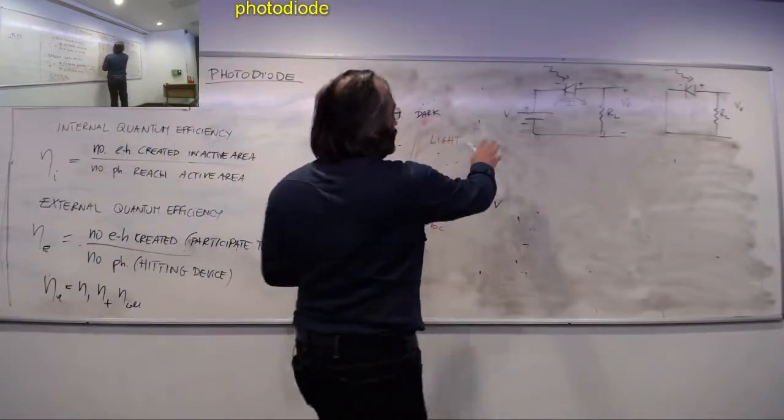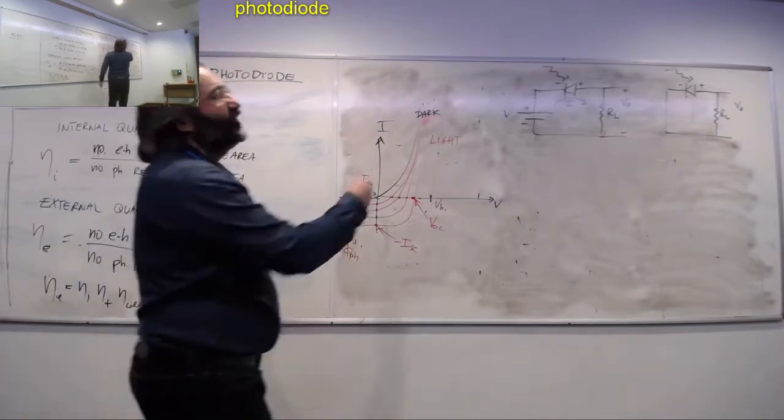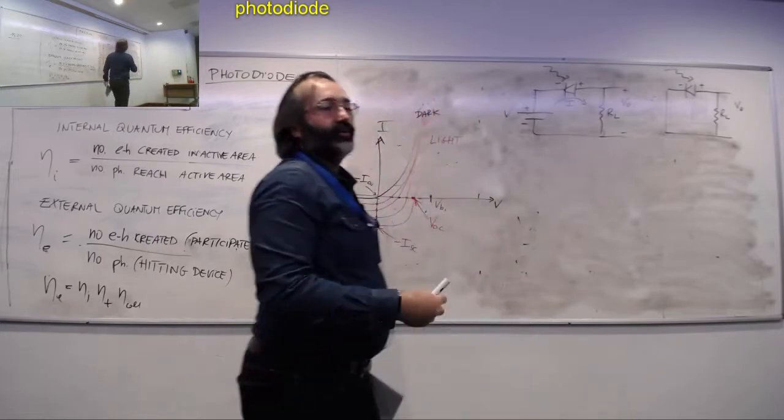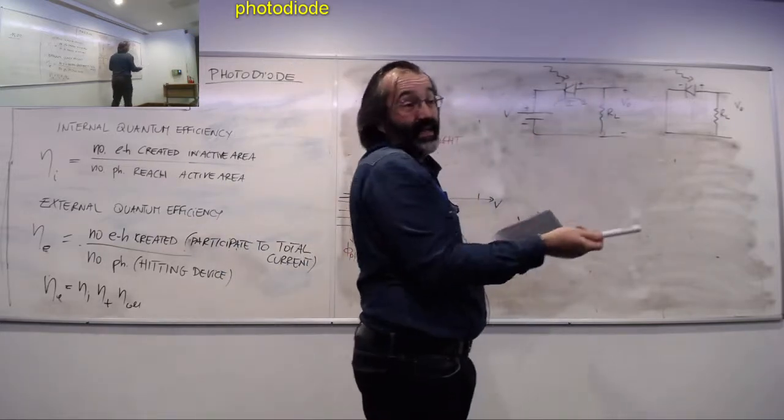As you can see, the difference is that here there is a generator. I'm using an external generator to effectively reverse bias. So this PN junction is operated in reverse bias now.